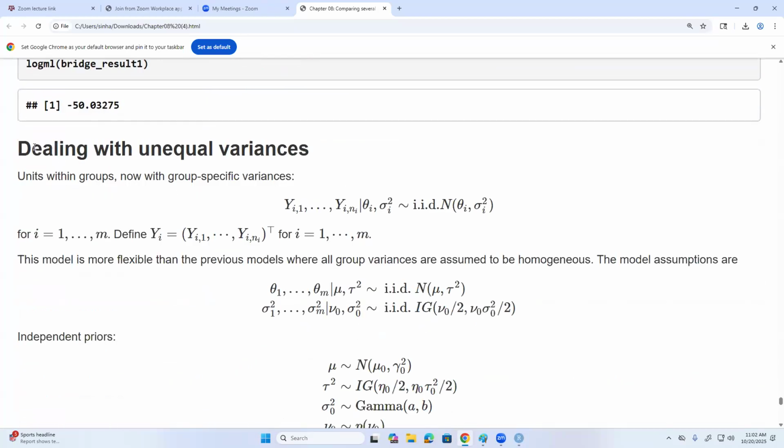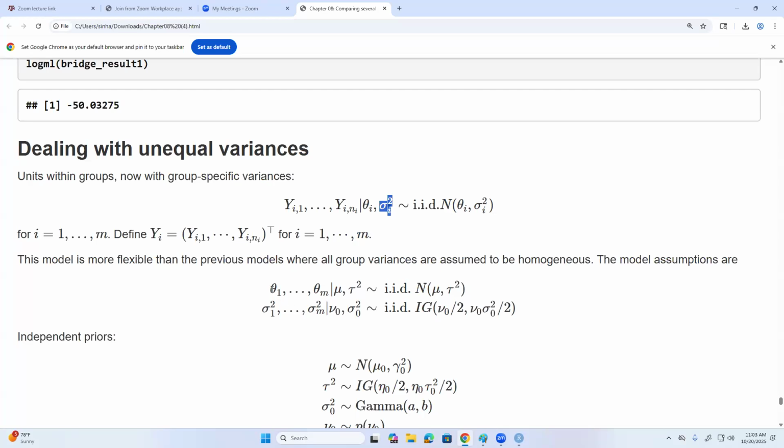So the question is, how do you deal with unequal variances? If you have unequal variances, then our model will be: y_i1, y_i2, ..., y_in given theta_i and sigma_i squared are coming from IID normal with mean theta_i and variance sigma_i squared.